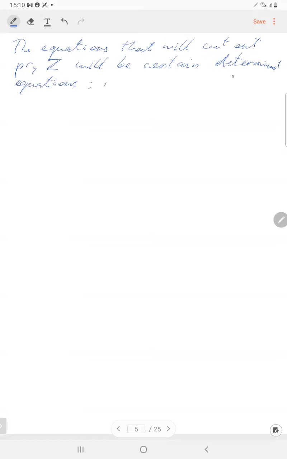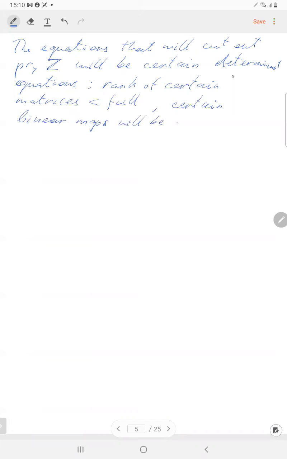So they will say that the rank of certain matrices will be less than full rank. So in other words, certain linear map or maps will be not surjective.